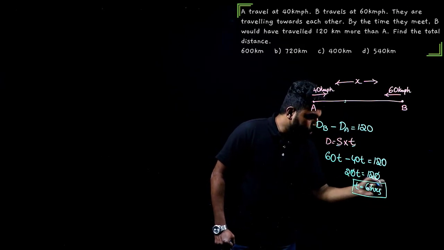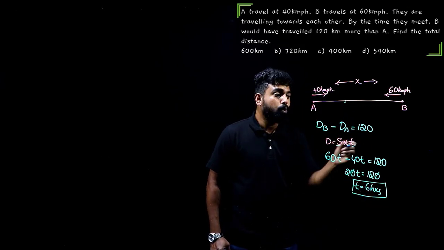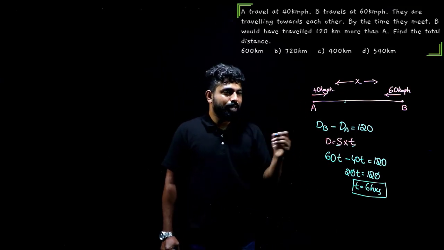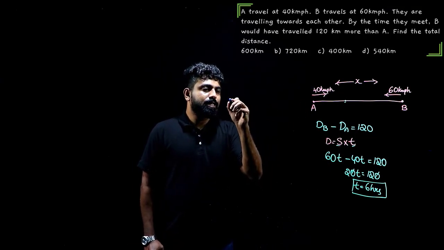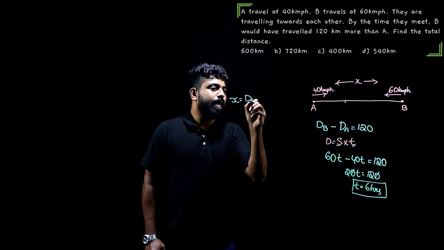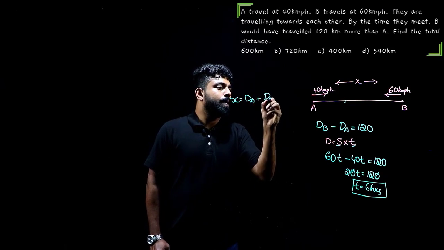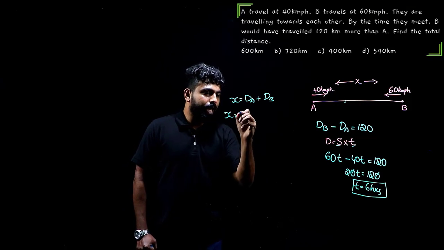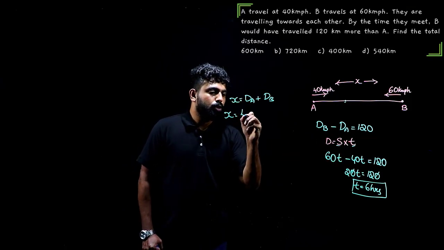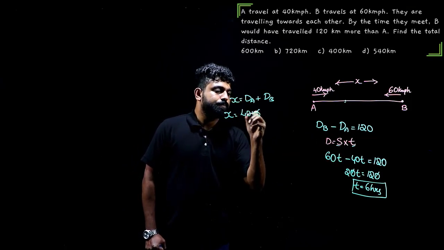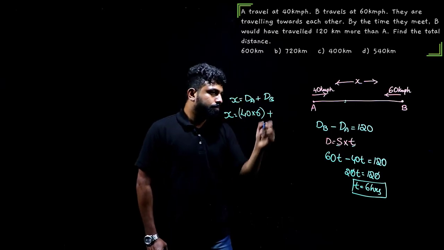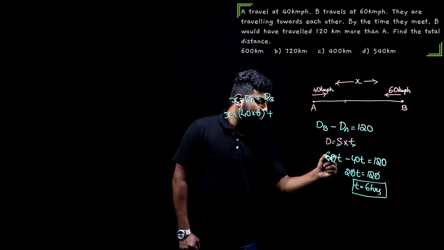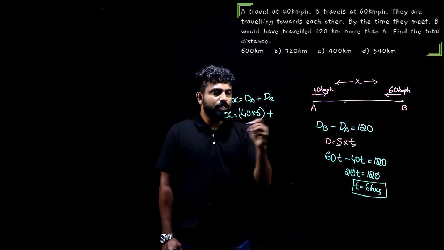Now if we substitute this 6 hours anywhere in the equation, we will get the total distance here. Total distance traveled would be X. X would be the distance traveled by A plus the distance traveled by B. So X will be equal to the distance traveled by A, which is 40T, so 40 into 6, plus the distance traveled by B, which is 60 into 6.